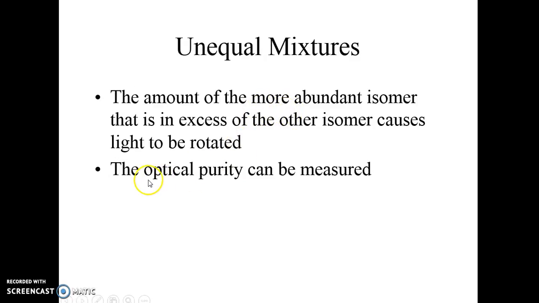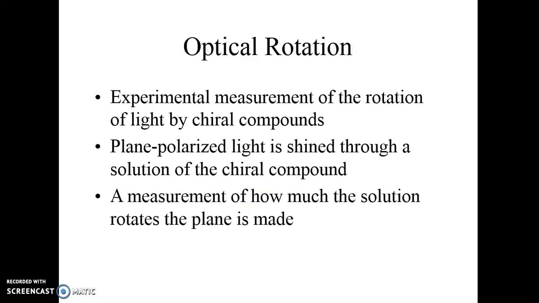If a mixture of 2 enantiomers has one in excess, we can actually measure the rotation. And if we know what the absolute rotation is, then we can say, well, this is optical purity. So you will often see that. Sometimes you will see EE after a number to indicate enantiomeric excess.